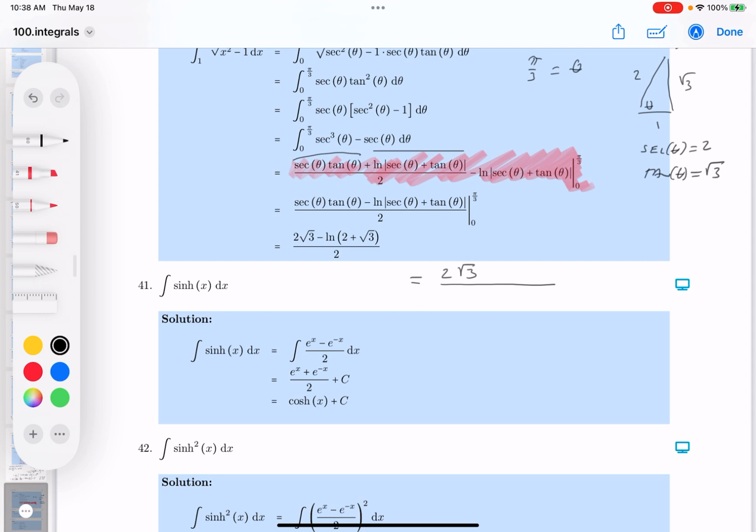And that's going to be the natural log. And it's going to be secant, which is 2, plus tangent, that's going to be 2 plus root 3, over 2. What I'm going to do is write this as natural log of 2 plus root 3.